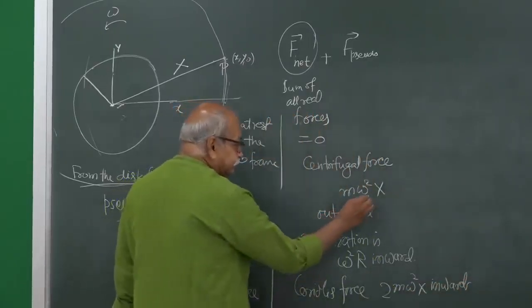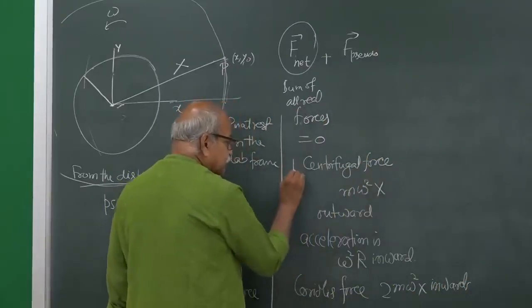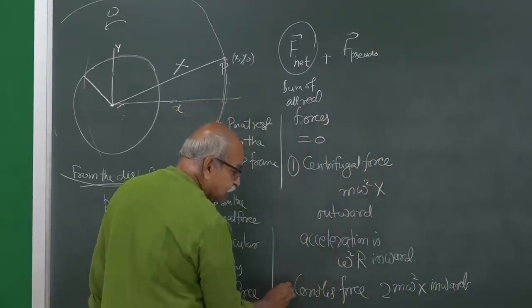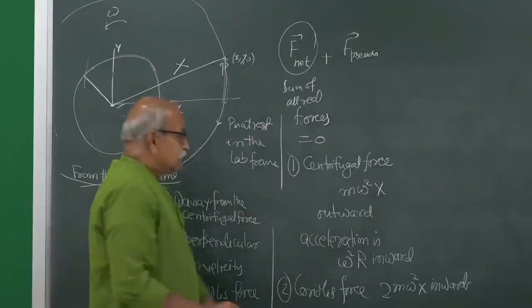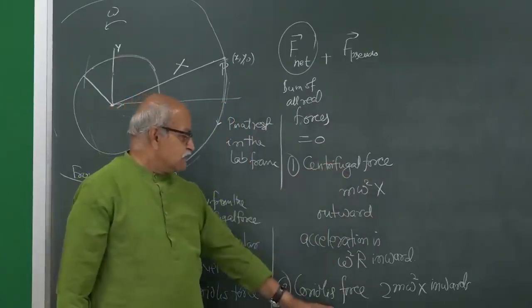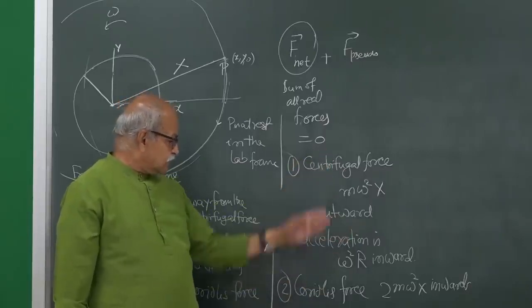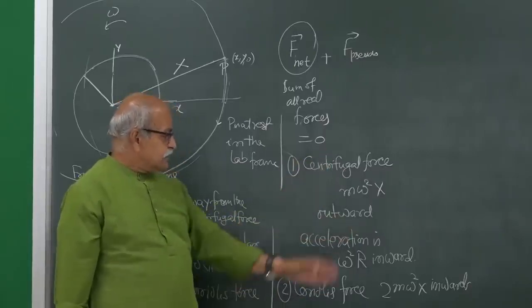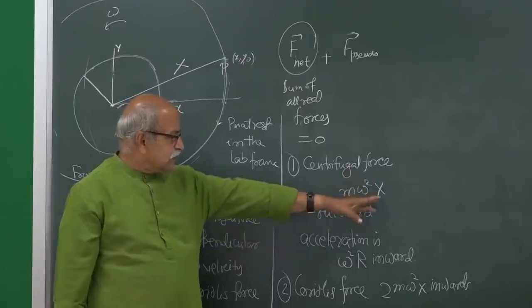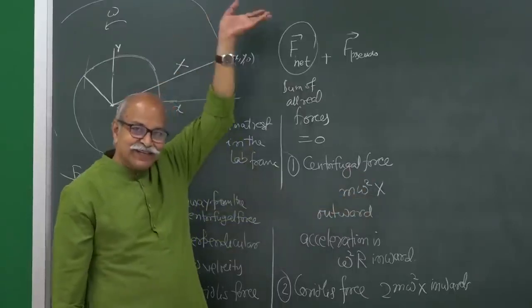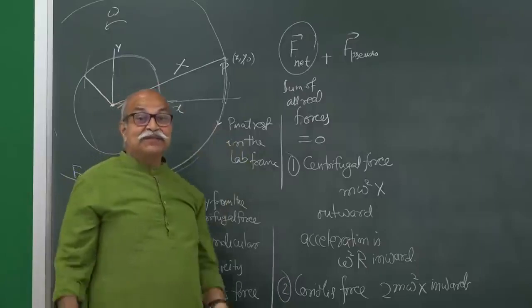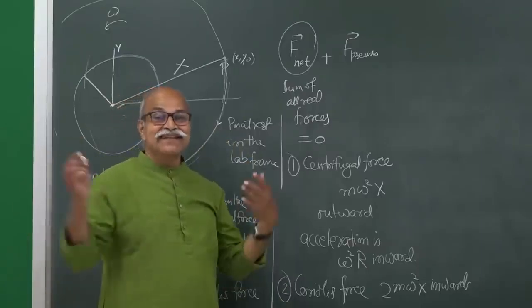And then, this is pseudo force number 1, and this is pseudo force number 2. One is outward, one is inward. Inward is double of the outward. So, the resultant of these two will be inward, and the magnitude will be m omega square x, and then yes, mass times acceleration will be equal to the total force. Total means the real and the pseudo.